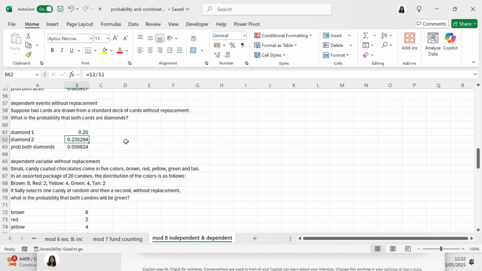Probability of diamond 2 is 12 divided by 51, and the reason why is because there's no replacement. So 13 minus 1 is 12, and 52 minus 1 is 51. So it's 23.5%. And the probability of both diamonds is diamond 1 times diamond 2, which is 5.88%.